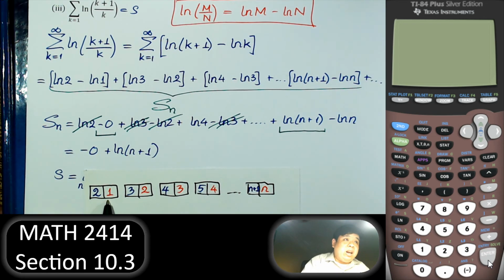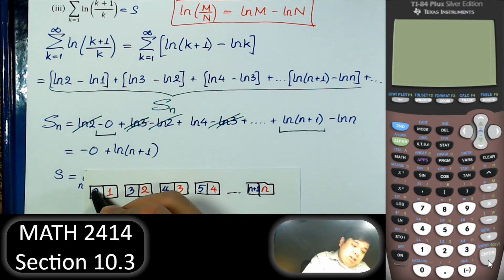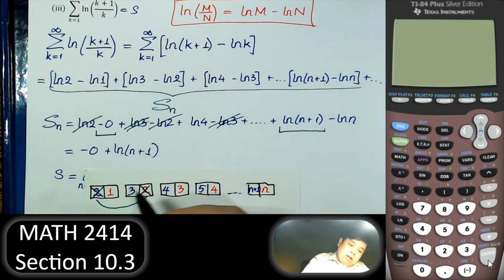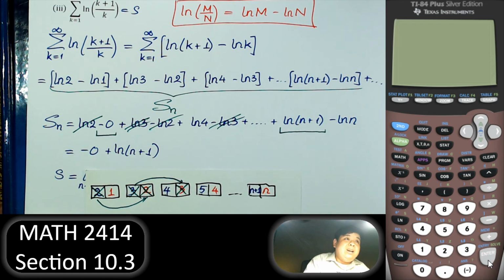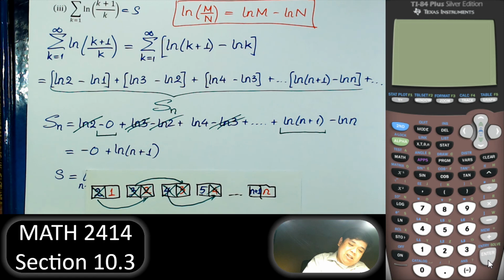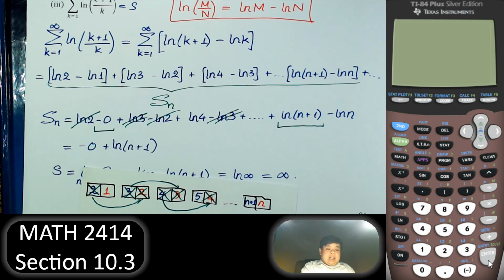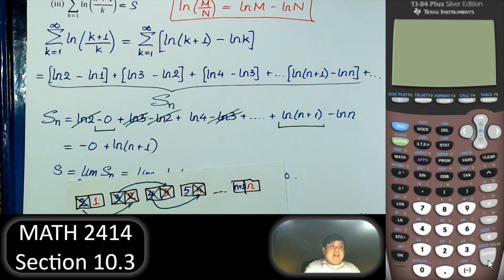The 1 here doesn't link to anything, the 2 does. And then the 3, the 4, and the 5 here will cancel out. So everything clears out.